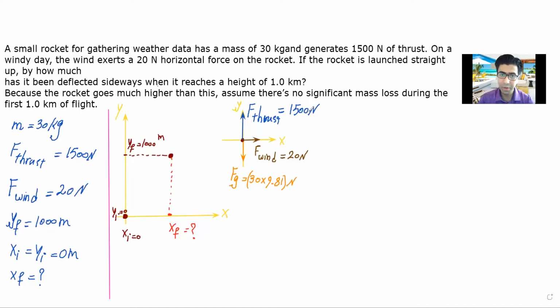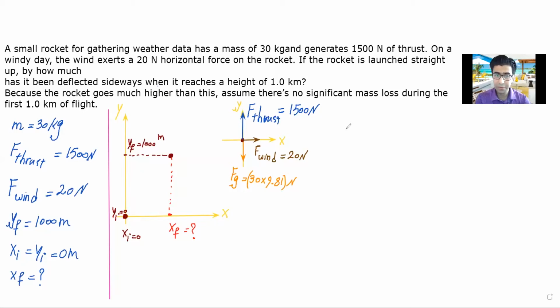So right now, by having this given information, this model and free body diagram, we have all the information that we need.